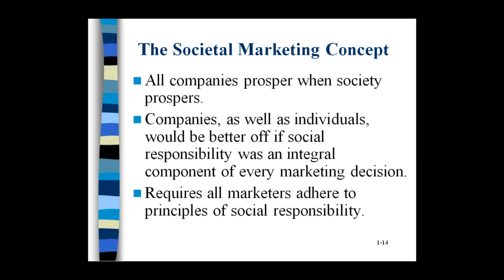For example, cigarette smoking might be a need of a customer, but in the long run, if you take a holistic view of this problem, we can say that cigarette smoking is not very good for a society per se. So an organization must find, or maybe the government must do something to reduce this need in the longer run. And that's why you see that there are many taxes imposed on liquor and cigarette smoking.